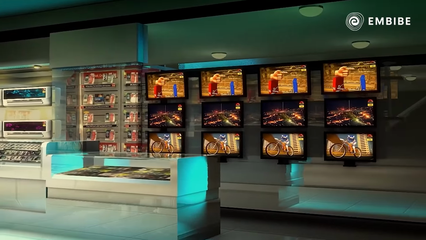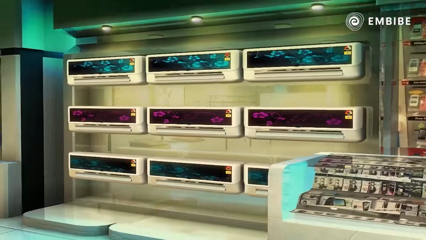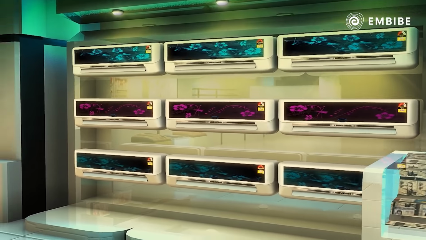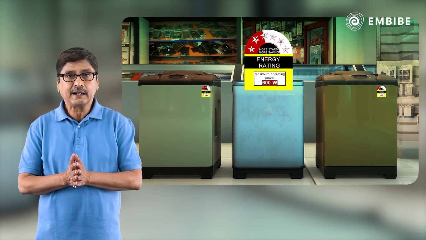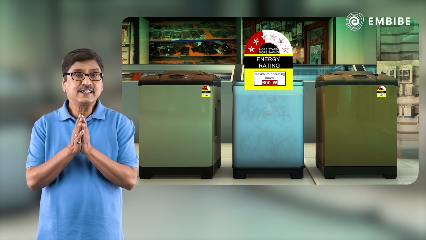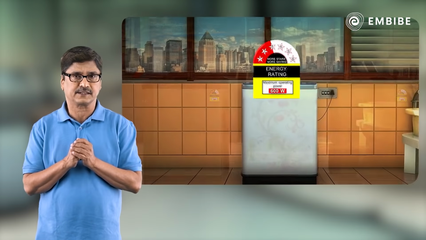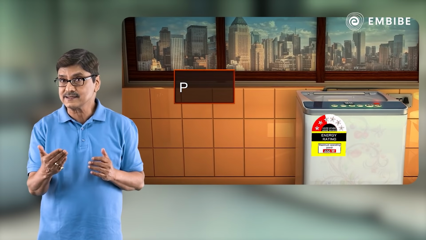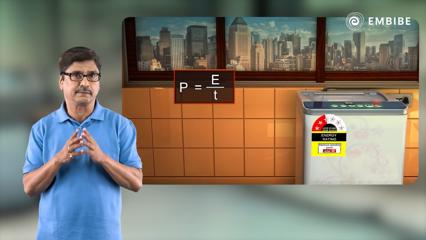We've observed that all electrical appliances like televisions, air conditioners, washing machines, etc., are given a power rating that usually states the maximum power that is consumed by the device. Power tells us how much energy a device uses per unit time.